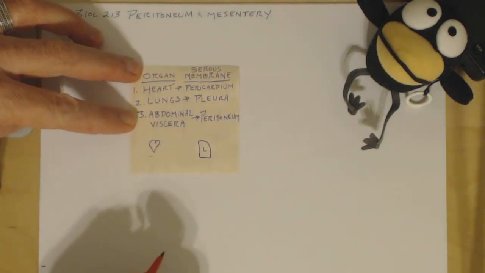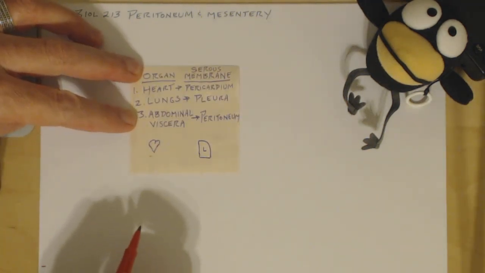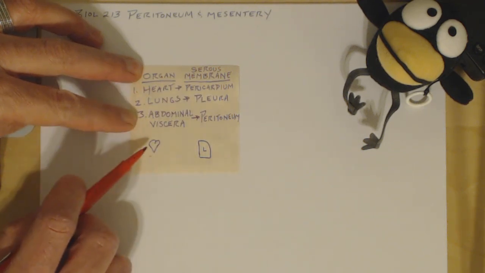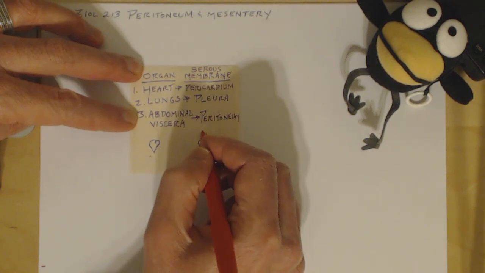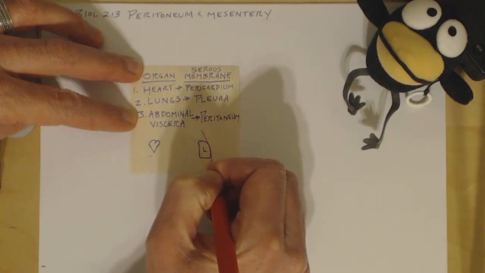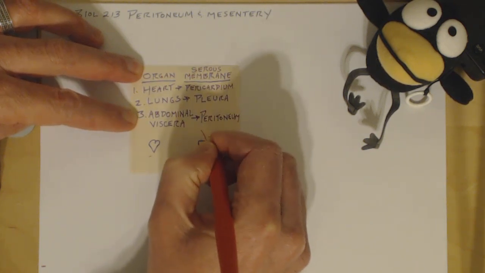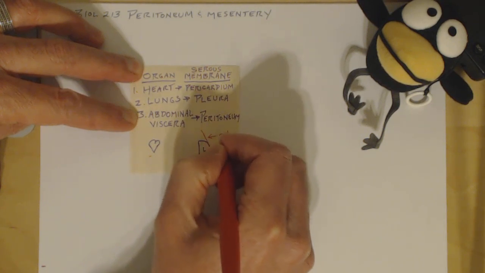The concept is the same no matter what the serous membrane is surrounding. So here we have a cartoon heart. Here we have a cartoon lung. Let's just draw the thoracic wall here, your rib cage on the outside.